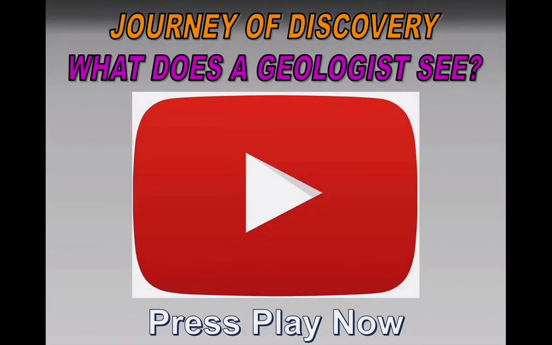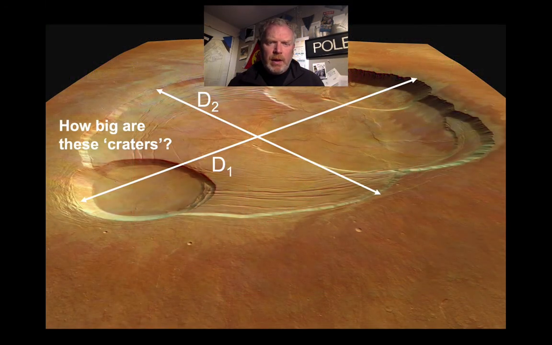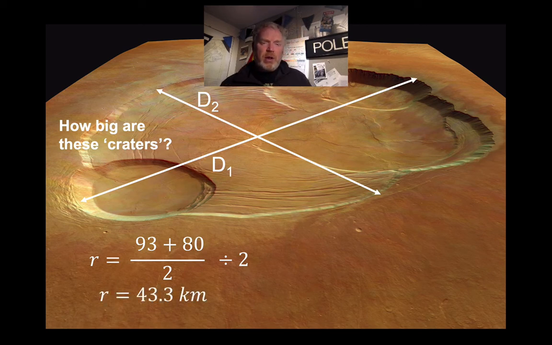Okay then, let's see what we've come up with. It's time to press play. When I measured these craters, I measured D1 to be about 93 kilometres and D2 to be about 80 kilometres. So if I work out the average of those, I get 86.5, divide that by 2, I end up with 43.3 kilometres as the average radius of these craters.